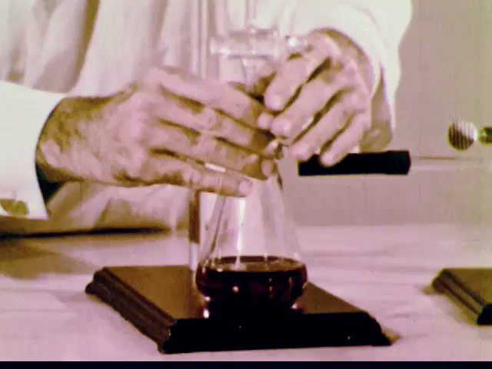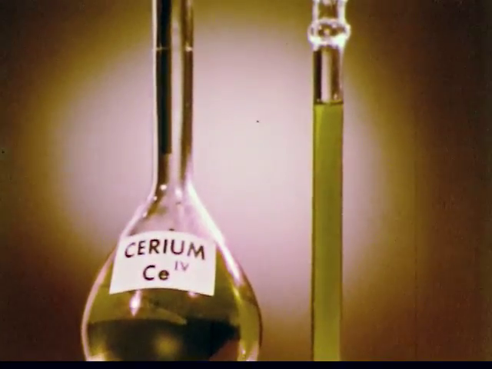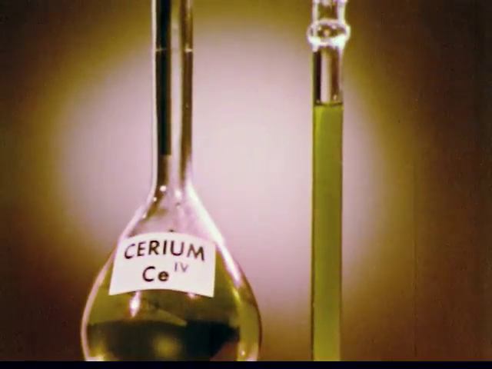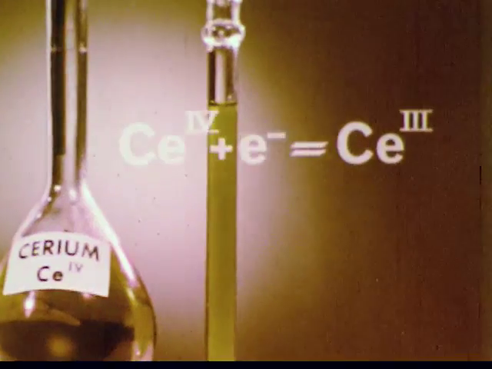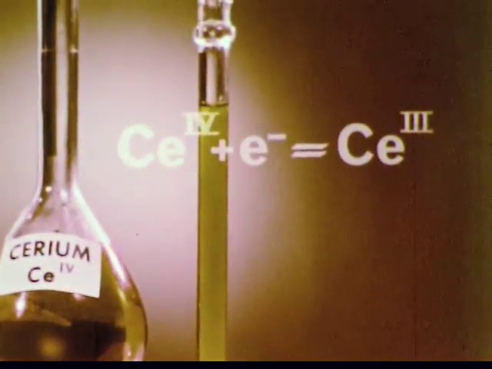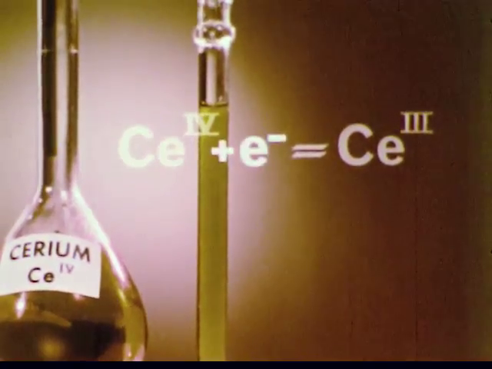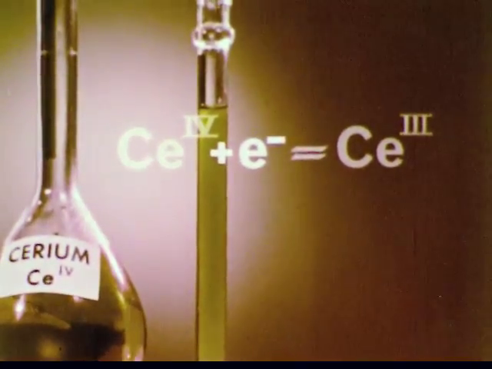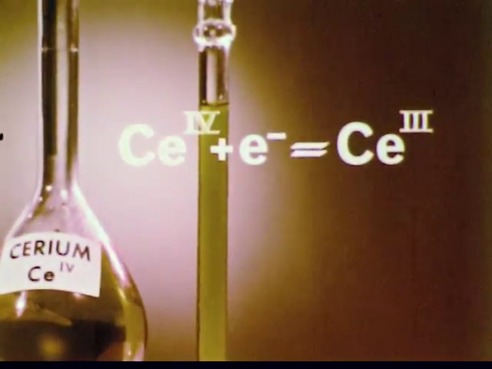To test the oxidation state of our sample, we'll add a powerful oxidizing agent, the ceric or cerium-4 ion. The Roman numeral indicates its oxidation state. When yellowish cerium-4 acts as an oxidizing agent, it gains 1 electron per ion and becomes colorless cerium-3. Thus, each mole of cerium-4 ion will gain 1 mole of electrons.